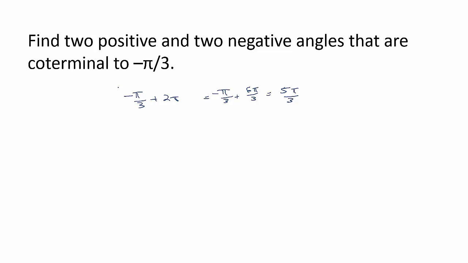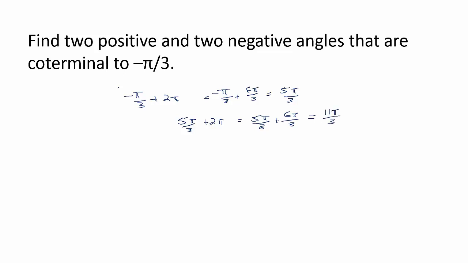There's a positive angle that ends in the same place as minus pi thirds. We're supposed to get two of them, so I'll take my 5 pi thirds and I'll add 2 pi again. Again, 2 pi is just 6 pi thirds. So I find another angle that ends in the same place. 5 plus 6 is 11.